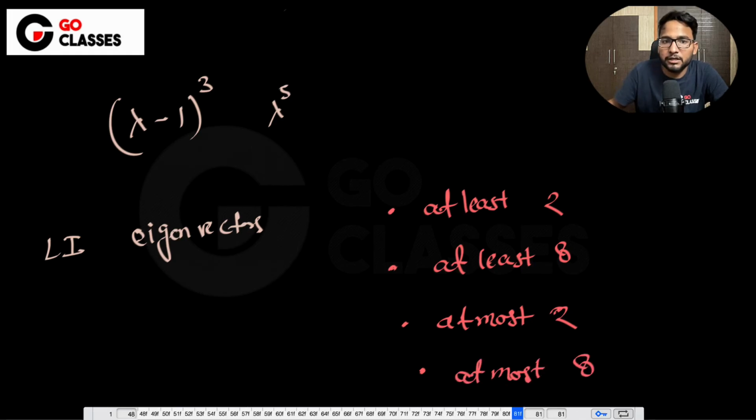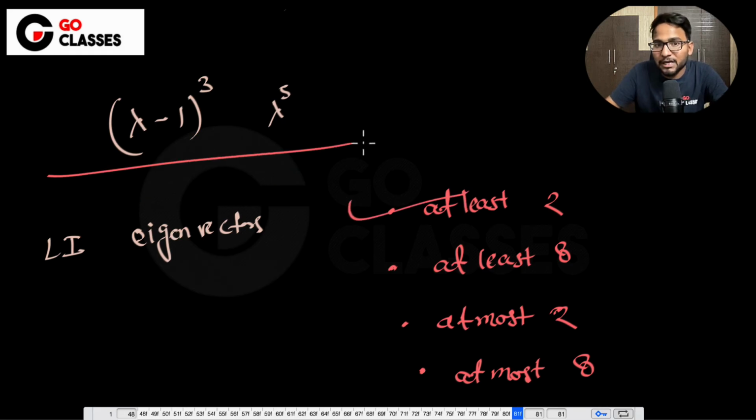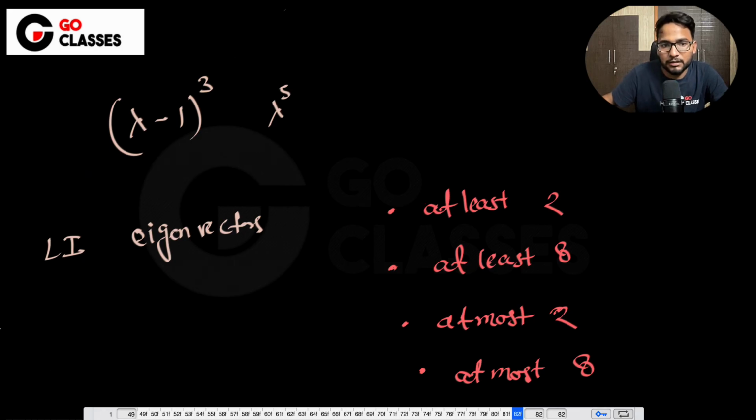Then what is your answer? Because of 2 different lambdas, you will be having at least 2. Because total the lambdas are 8, that's why at most 8. So these 2 are the correct answers, right? So your answers are like this: at least 2, at most 8. I hope that is fine to everyone.